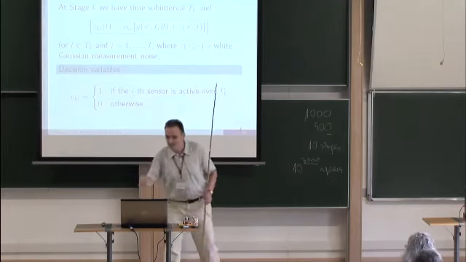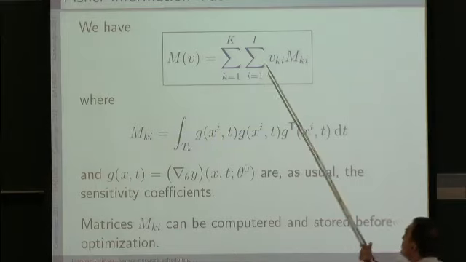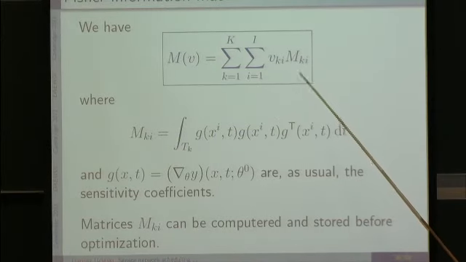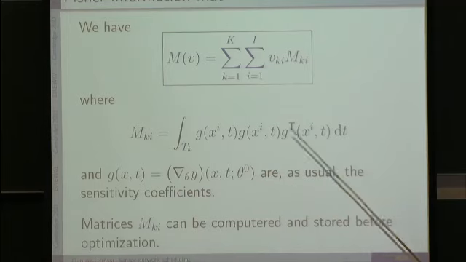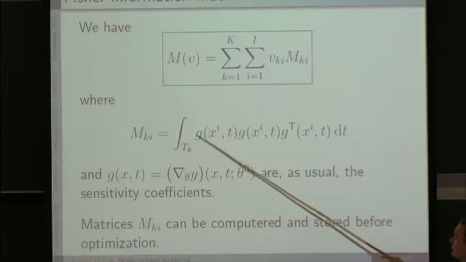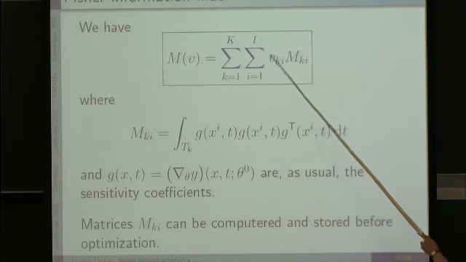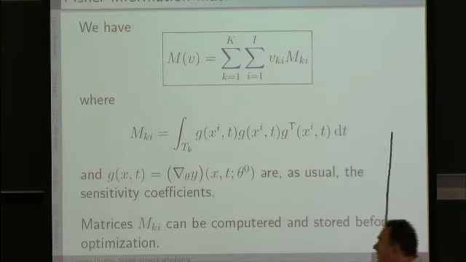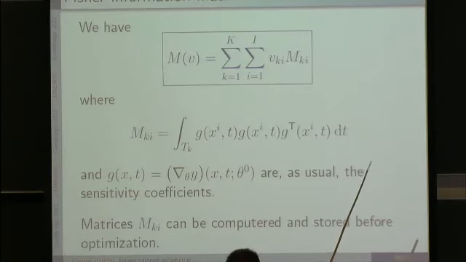So we have binary variables, and for us they are decision variables. The Fisher information matrix takes the following form, and here you have contributions from individual sites. Each site at a given time stage can contribute to the information matrix by this term, and whether it contributes or not, we decide by using this flag, which is 0 or 1. G denotes the sensitivity coefficients.